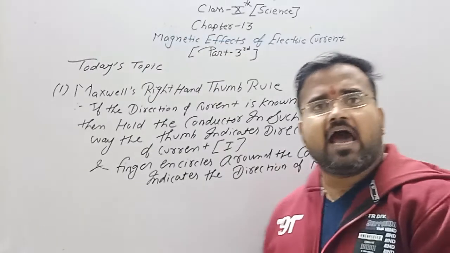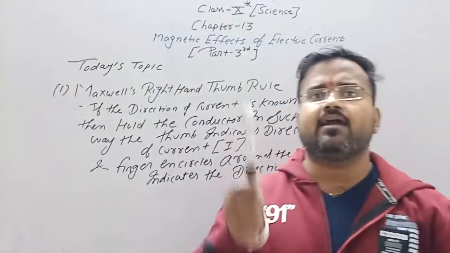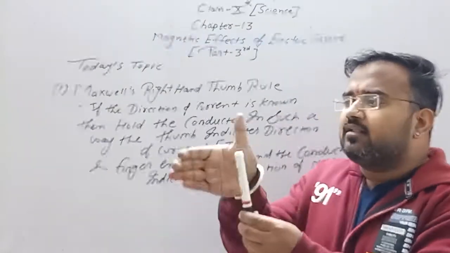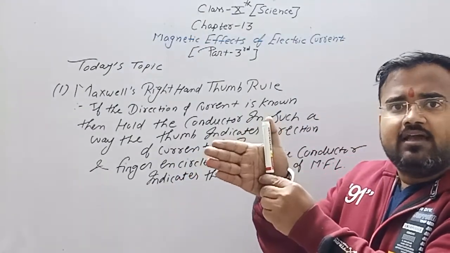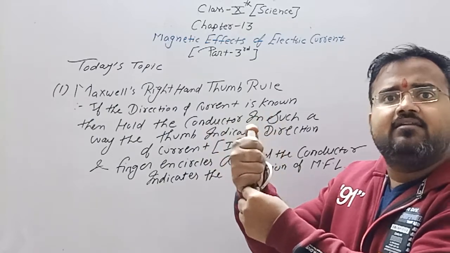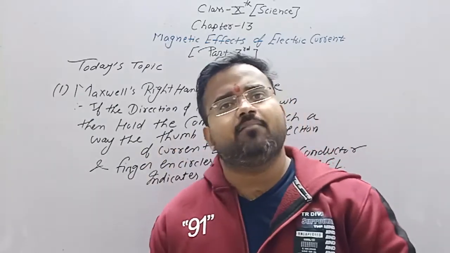Okay, so we'll hold the current carrying conductor in such a way that the thumb indicates the direction of the current, and the fingers encircling the conductor indicate the magnetic field lines.